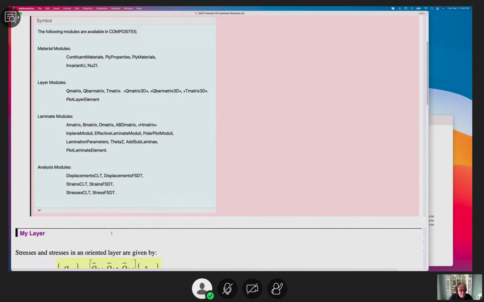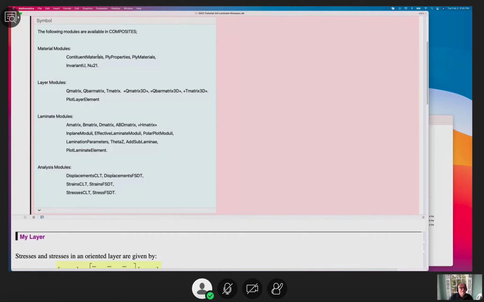So, we assign the material property to be glass epoxy, and the function that I need is apply properties. So what was apply properties? I needed the property of apply.